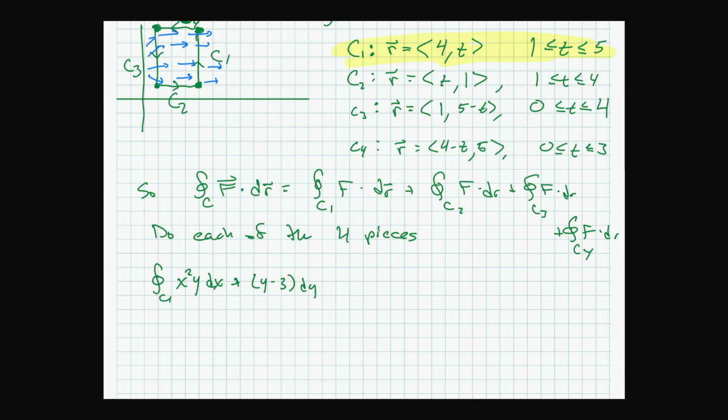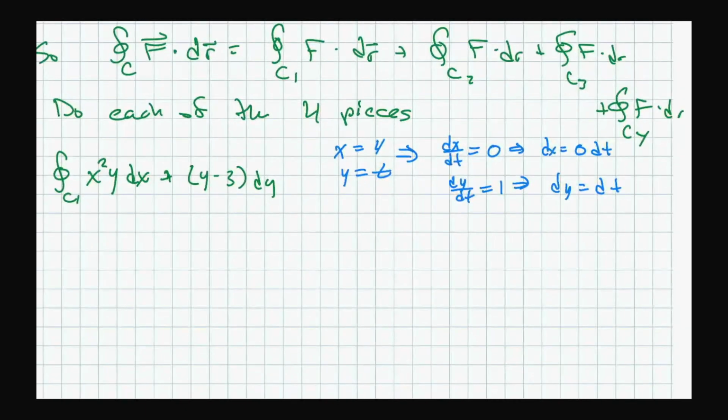Just make sure you understand that x is 4 and y is t, right? That means dx/dt is 0, which means dx is 0 dt. And for y, dy/dt is 1, which would mean that dy is equal to dt.